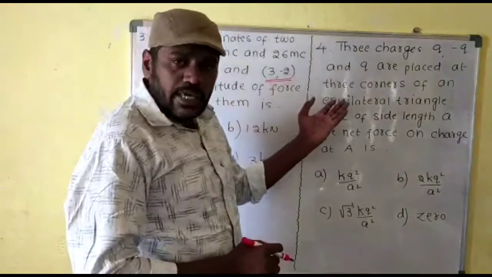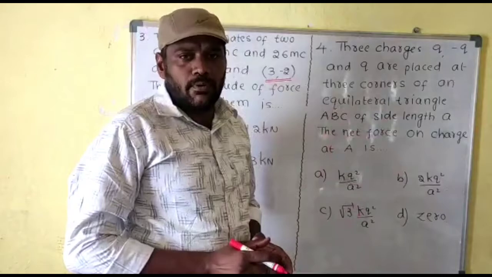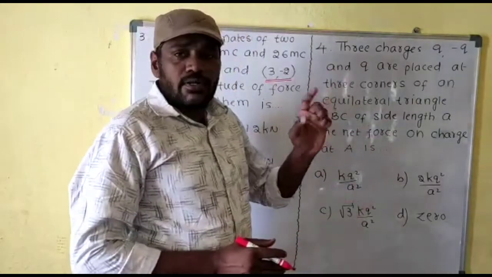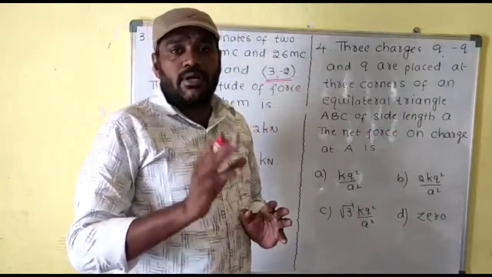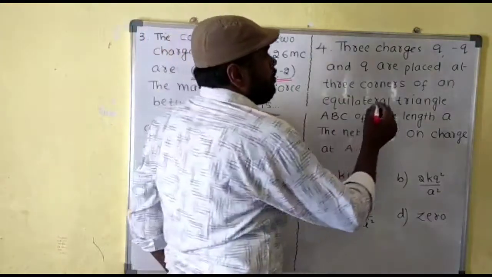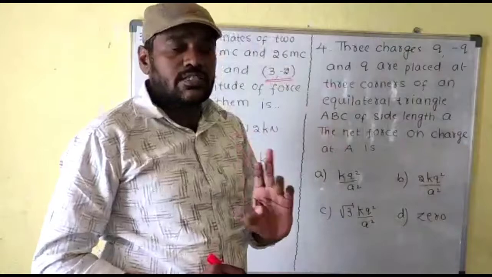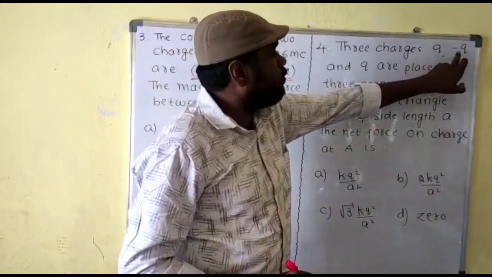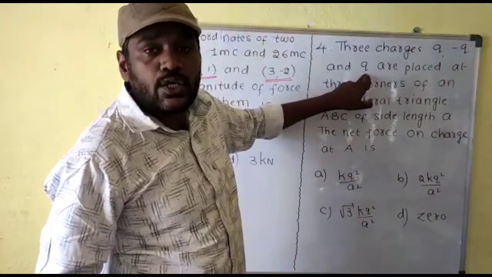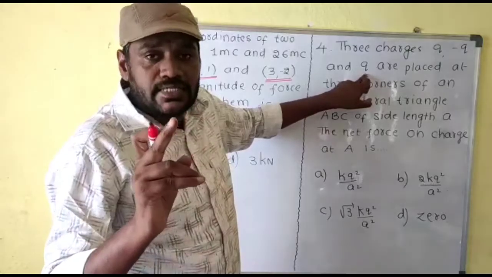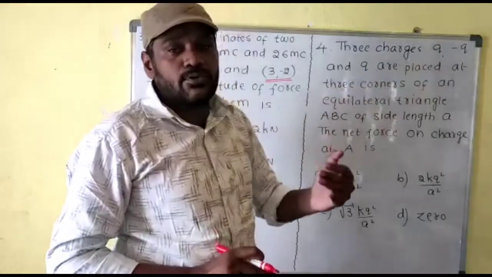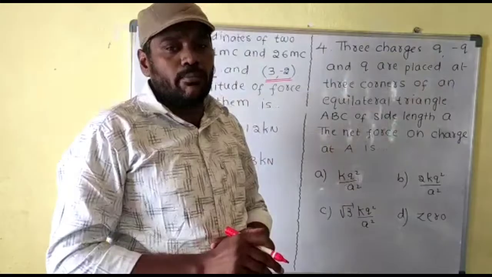The second problem is the same, same to same like the earlier second problem. But in that problem all three charges were similar, whereas here the three charges are not similar. The first is Q, the second is minus Q, the third is Q again. Two charges are similar but the third is opposite, all having equal magnitude.